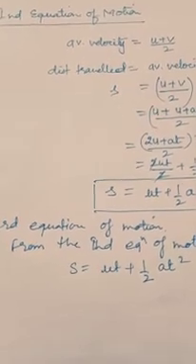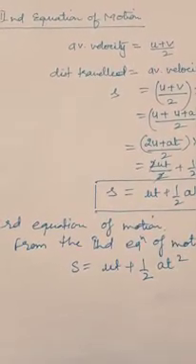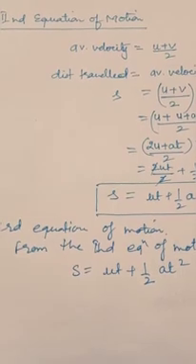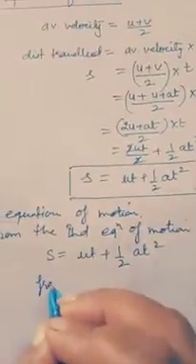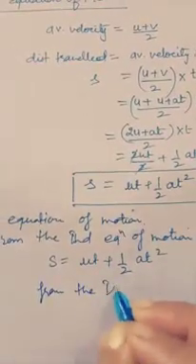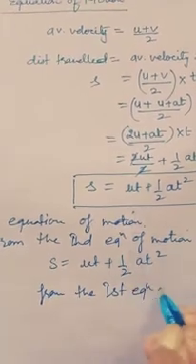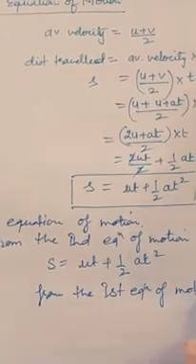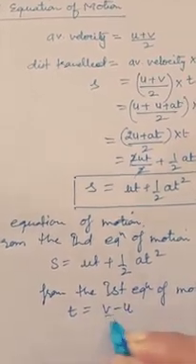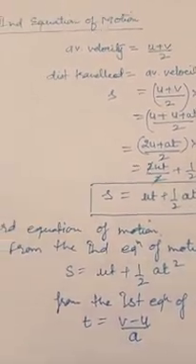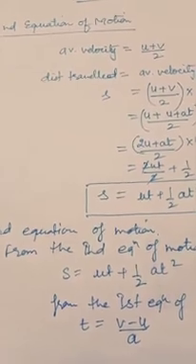There is no t in this. So what we are going to do is substitute the value of t from the first equation of motion. From the first equation of motion, we have a equals v minus u over t.